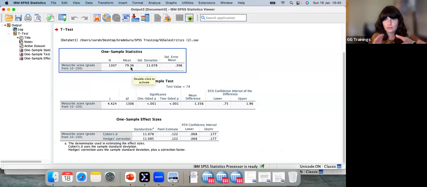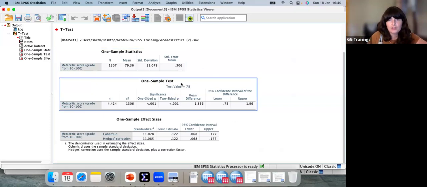So already you can see that those are pretty close together, but you can't conclude on that yet. We're going to do a non-directional two-sided P, and again, it's lower than 0.05. So we would reject the H0 and accept our H1, that the average critic score for video games is not 78. Okay, does that make sense?